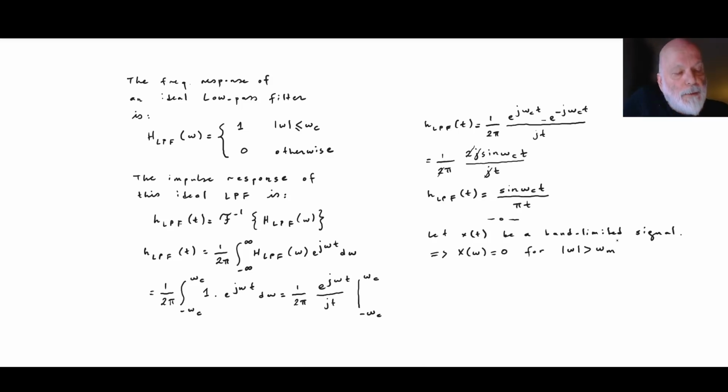So the band limited signal has a Fourier transform which has non-zero values only in the band from minus omega m to omega m.